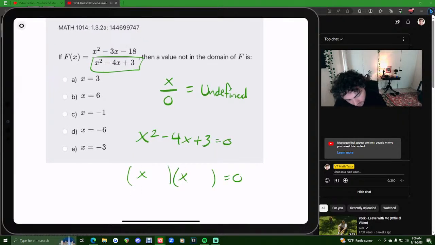We have x, and we want to think about what are the 2 numbers that multiply to positive 3, but add to negative 4. What are the only factors of 3? 1 and 3. What signs of 1 and 3 would add to negative 4? Well, negative 4 is very negative, so we would need a negative 1 and a negative 3, because negative 1 times negative 3 is positive 3, but negative 1 plus negative 3 is negative 4.